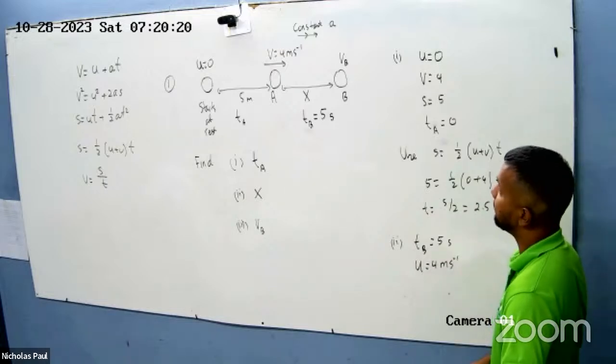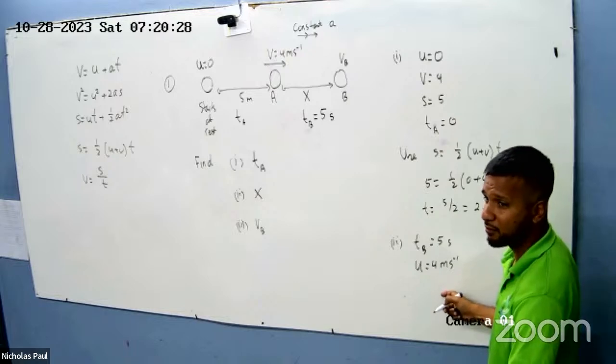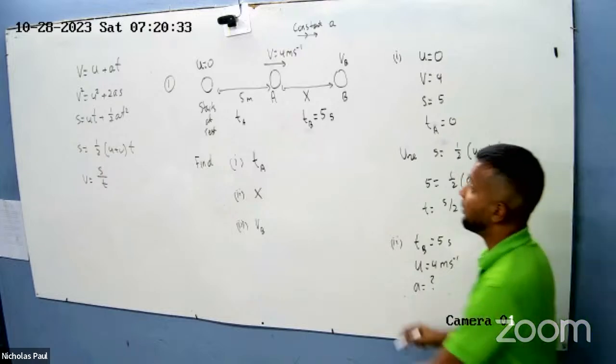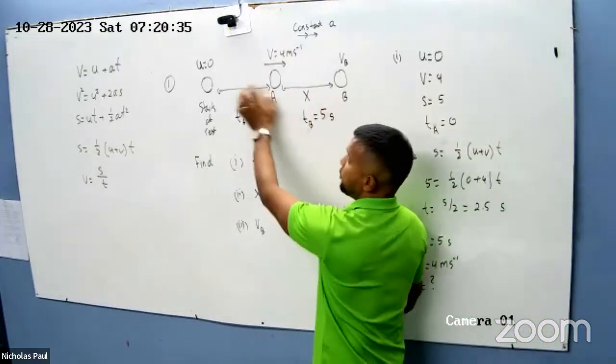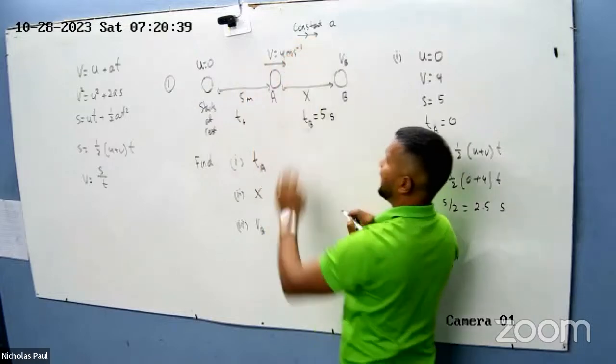What else do we have? We are trying to find acceleration. We don't have acceleration, but could we have found it? Because from here to here it's constant, right? If we know the acceleration it takes to reach here, we could find that.